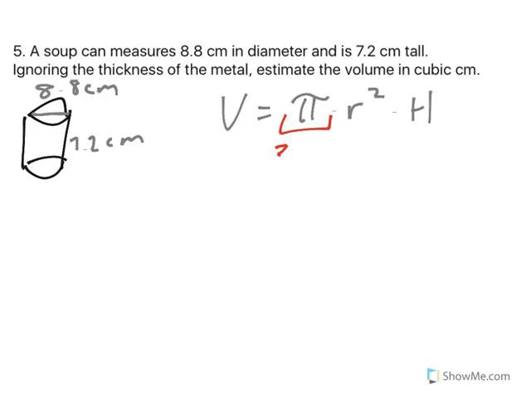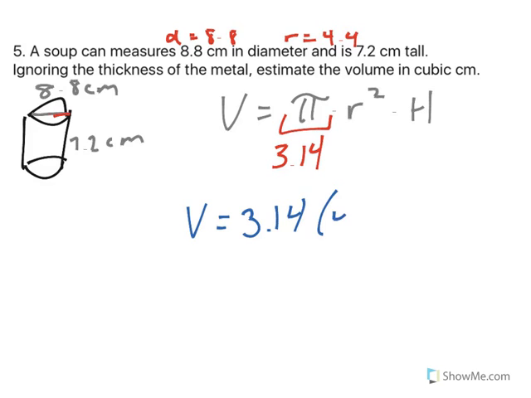Now for pi we will use 3.14 for my videos. The radius is half the diameter. So if the diameter is 8.8, the radius is half of that, which is 4.4. So for this particular problem, we would say the volume is 3.14 times 4.4 squared times the height of 7.2.